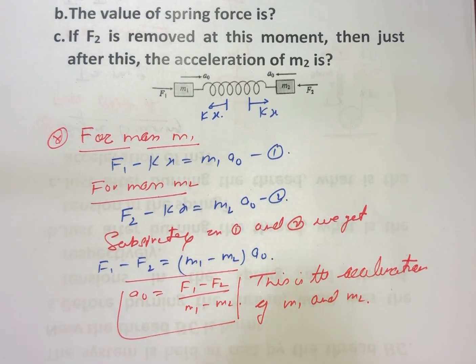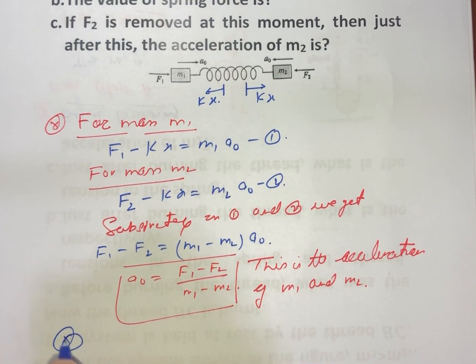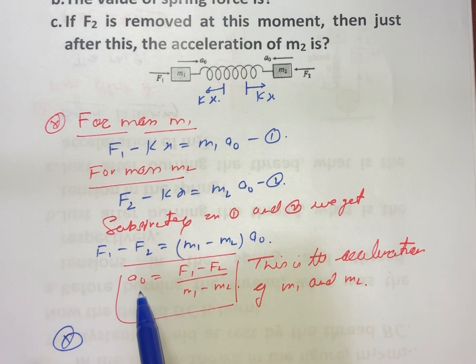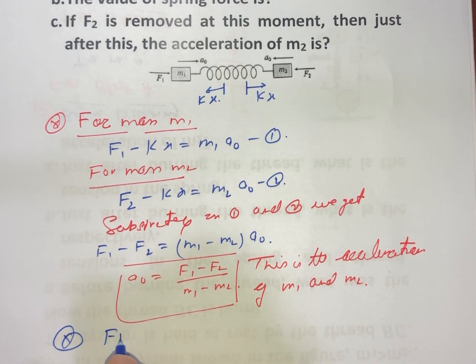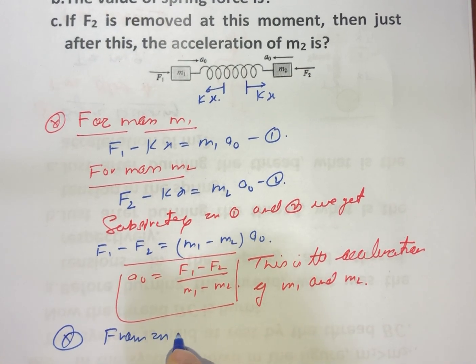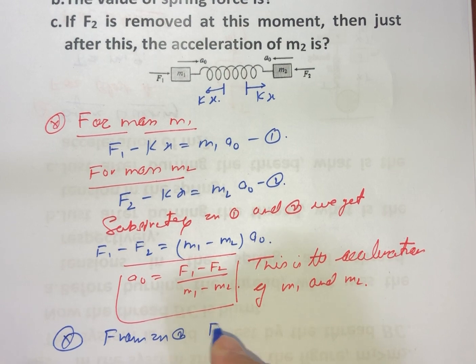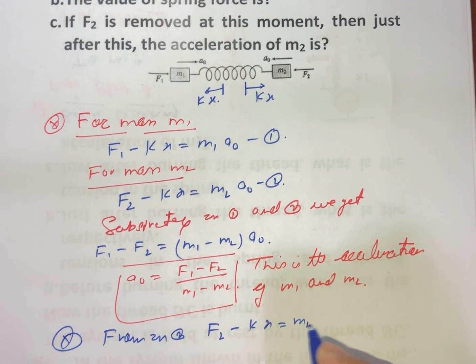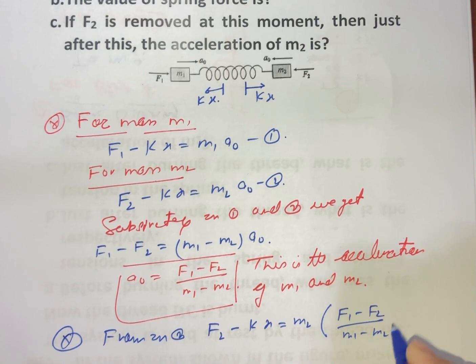In the second part, we are supposed to find out the value of spring force. So we know the value of a0. Let's use equation 2. From equation 2, substituting the value of a0, we get F2 minus kx is equal to m2 multiplied by (F1 minus F2) divided by (m1 minus m2).